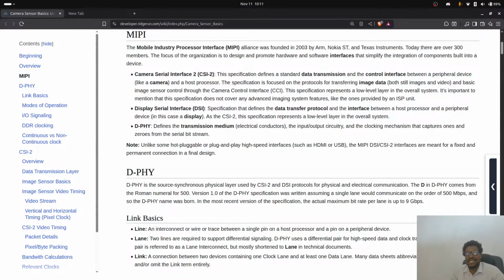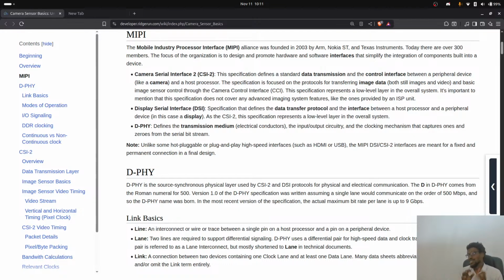And then there's a display serial interface, and this display serial interface involves itself with displays, as is in the name. It dictates how you will communicate with something that is displaying some data, or some image, or some screen, or some interface.